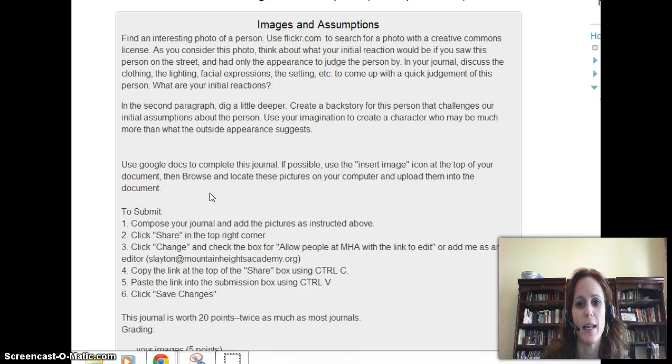Find a picture of somebody that you don't know, and then paste that into your Google document and write about them. First, judge them based on their appearance, and then write another paragraph in which you imagine who they are that's different than what their appearance might show. Show the contrast between what we might assume about people based just on looks and outward appearance, and what could be a correct story about that person if we got to know them better, and show how those often are different.